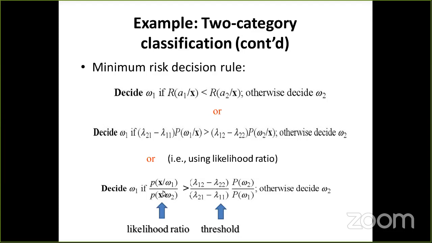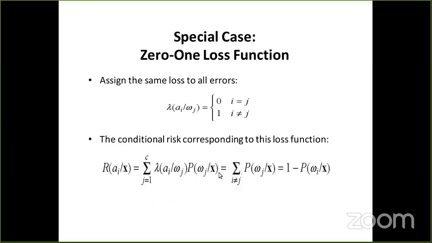If your likelihood ratio crosses this threshold, then you classify your data as omega 1, otherwise you classify it as omega 2. Maybe you can derive these equations after the lecture by yourself. It's quite straightforward.